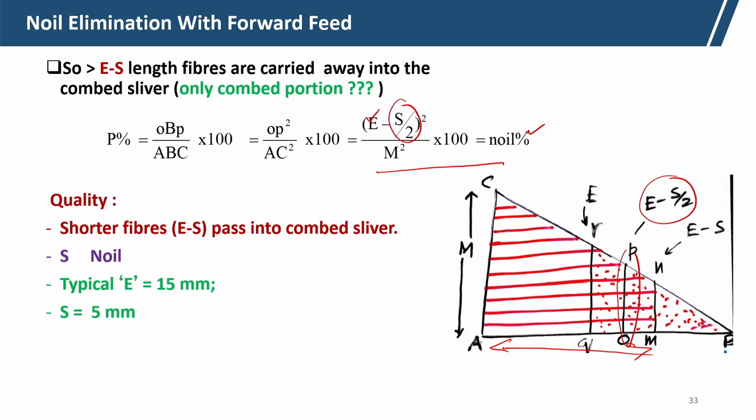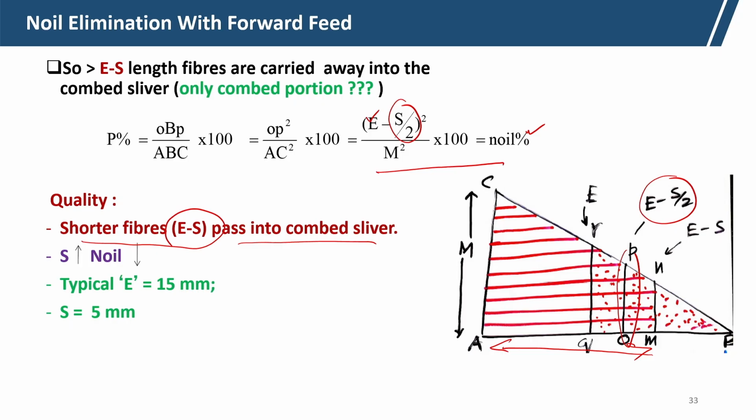The shorter the E minus S passing into the comber, the better. As S increases, the Noil percent reduces.